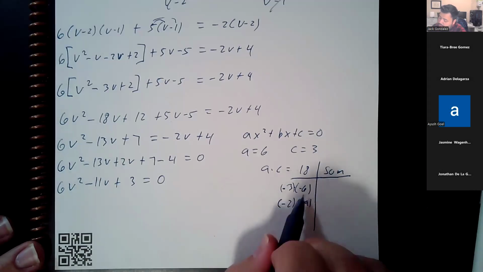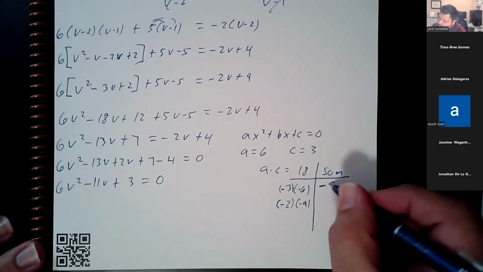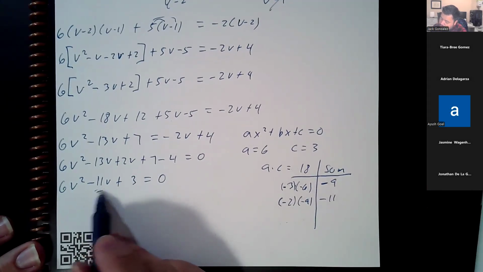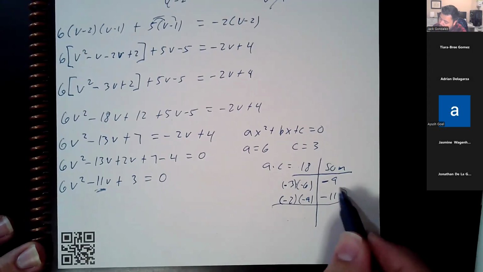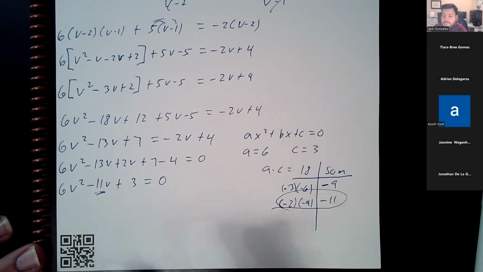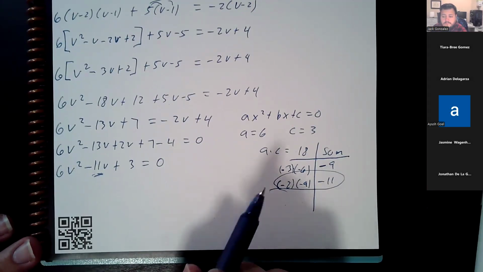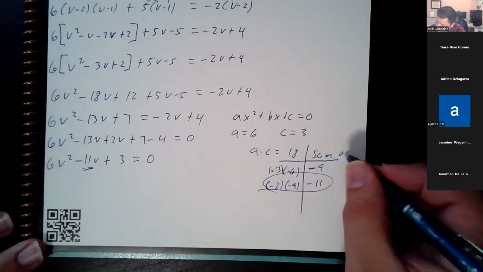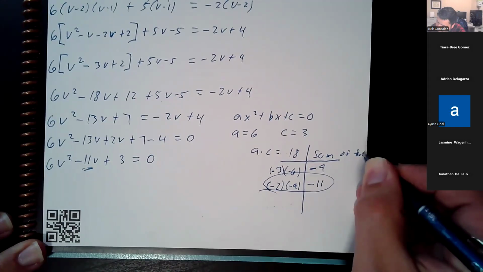Okay, so add them up, you get -9 and -11. So once I get this term, that's the one we're going to use. This is the sum of factors.